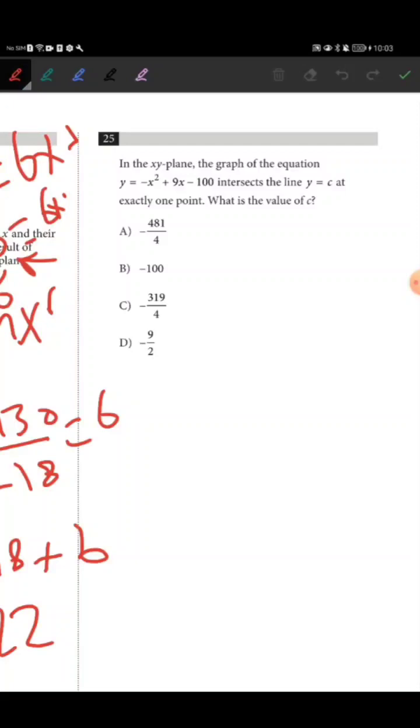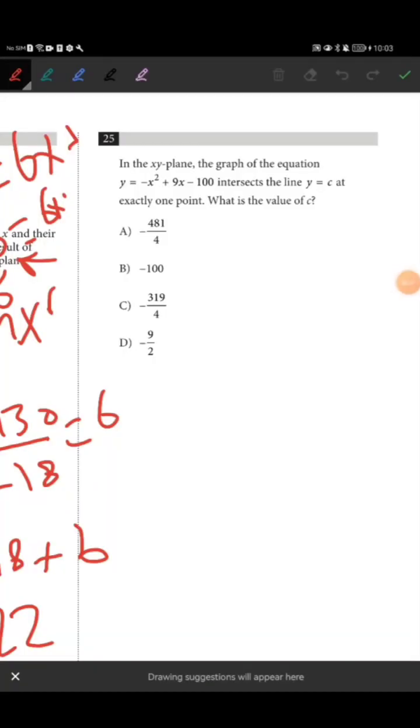And the graph of this quadratic equation, y equals minus x squared plus 9x minus 100, is a parabola. A parabola can only intersect a horizontal line at exactly 1 point, which is its vertex. So c should be equal to the y-coordinate of the vertex of this equation.